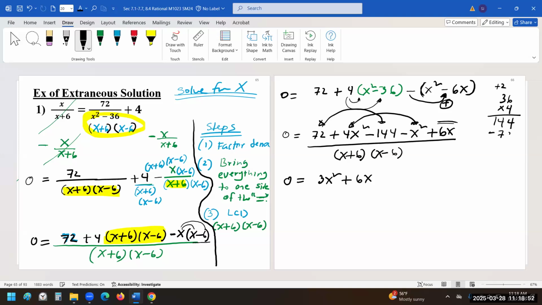So basically we are subtracting. We get negative 72 over x plus 6, x minus 6.